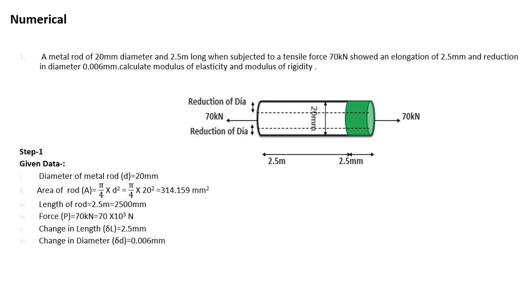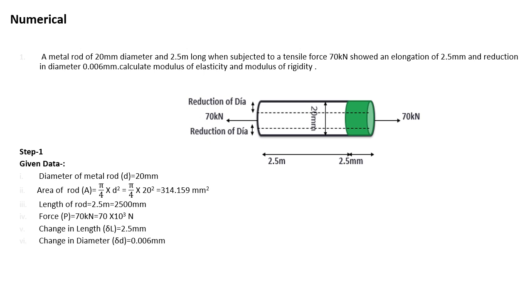First, the diameter of the metal rod is given as 20 mm. From this 20 mm, calculate the area of the rod from the formula pi by 4 d square. By putting the diameter value, we get the cross-sectional area of that bar, 314.159 mm square. After that, the length of bar is given as 2.5 meter; convert it into mm, then length becomes 2500 mm.